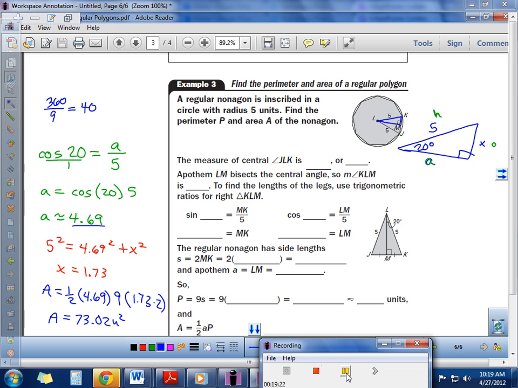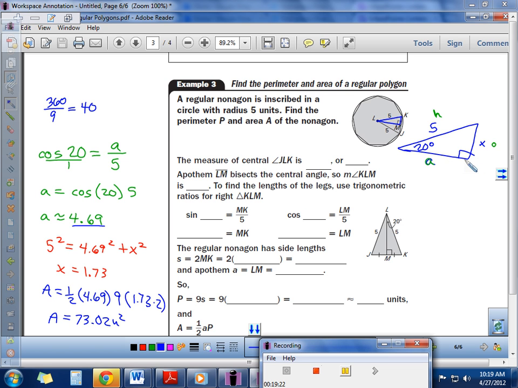All right, here's a recap of this problem. The first thing we did is we found the little triangle that we're supposed to find that uses the half central angle. So we first found the whole central angle, which is 40, took half of it to use on our special triangle. We then labeled what we knew, which was a 5, and then we had 2 pieces we didn't know. I didn't call this S because it's not the whole side. I called it X. This piece right here was our apothem.